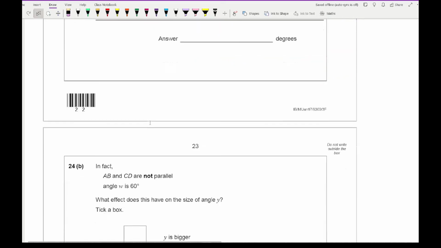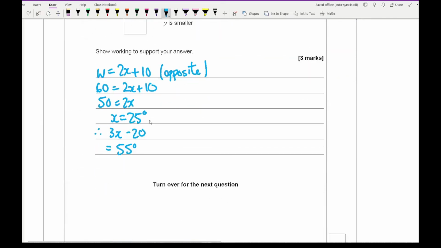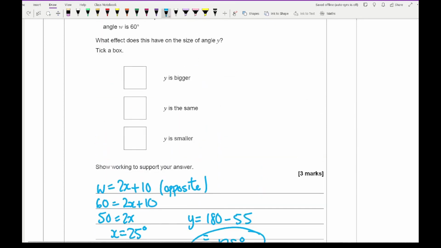If I quickly type that into my calculator, 180 minus 55 gives me an answer of 125 degrees. So we can see that this answer is bigger than our original answer in A, so I can say that y is going to be bigger.